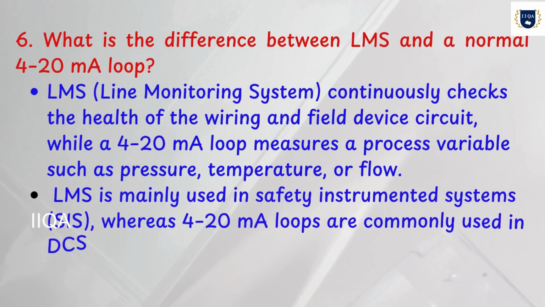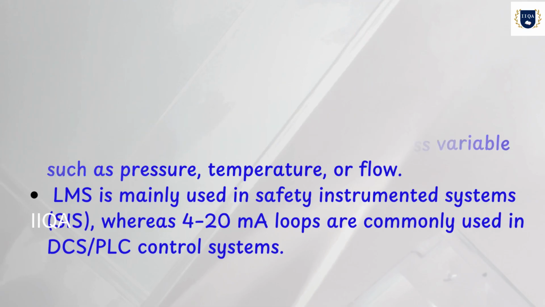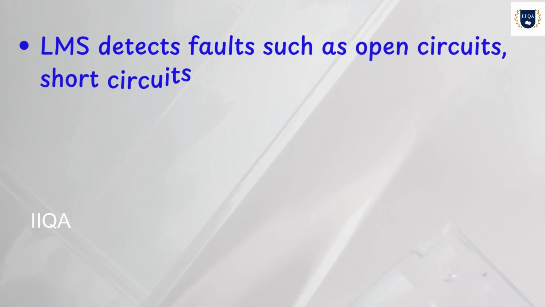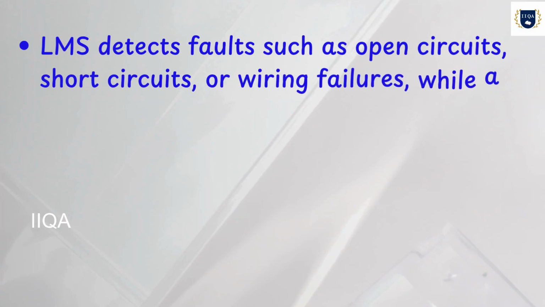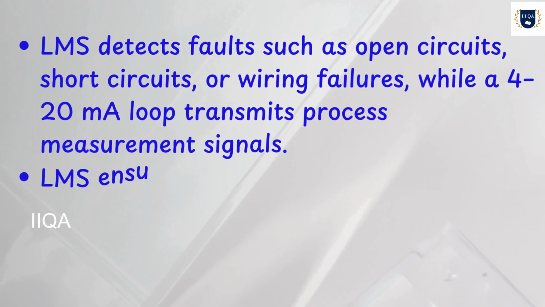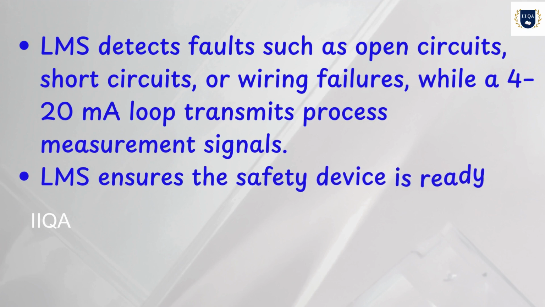LMS is mainly used in safety instrumented systems, SIS, whereas 4 to 20 milliamps loops are commonly used in DCS PLC control systems. LMS detects faults such as open circuits, short circuits, or wiring failures, while a 4 to 20 milliamps loop transmits process measurement signals.